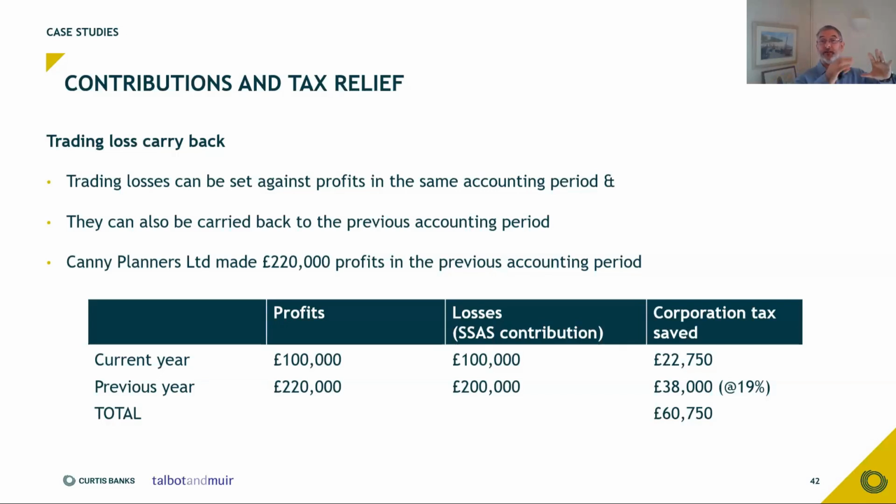But the point is, yes, the contribution exceeds profits, and yes, it's created a loss, but we may still be able to carry that loss back and still get full corporation tax relief. And obviously, with the rates of corporation tax going up, it might be more economically sensible to hold on to that money and make the contribution next year, but not if they're planning on maxing out their allowances anyway. They might as well take advantage of the contribution now.